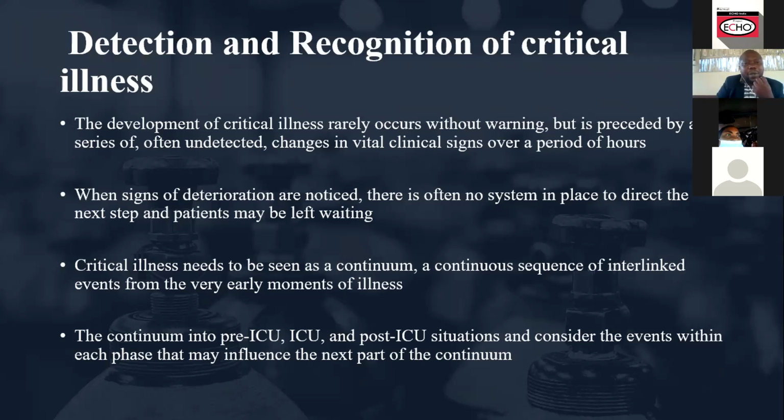So the development of critical illness really occurs without warning, meaning there are warning signs in that patient, and when you are not detecting the warning signs, the case will become critical. Once that is critical, what are you doing there?